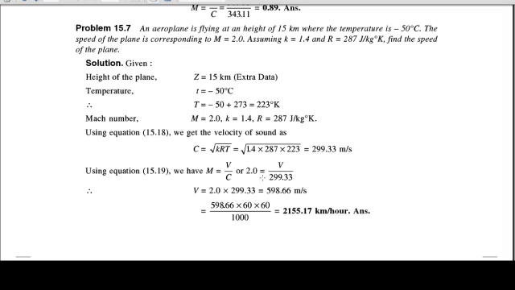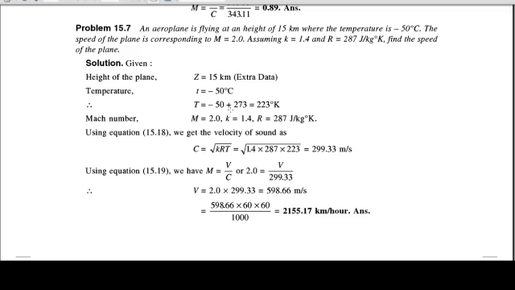So here they have given the height of that plane, temperature, the Mach number, and the values of k and R, and we have to calculate the speed of that plane. Here z, the height of that plane, is given as 15 kilometer, but this is extra data, we do not require this value for solving the problem.